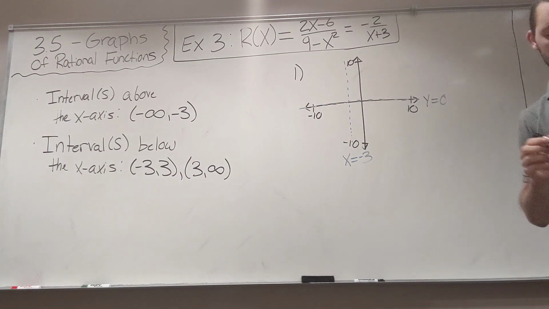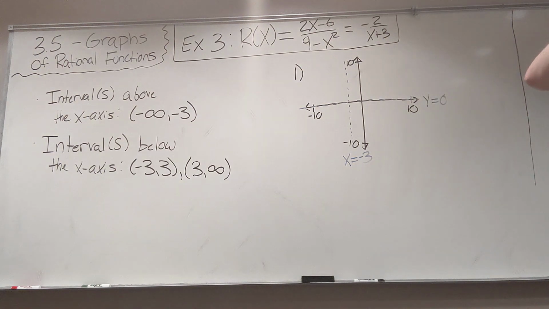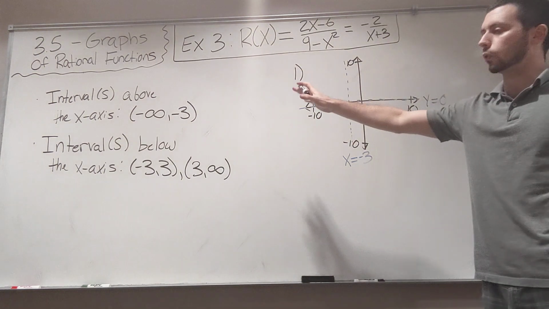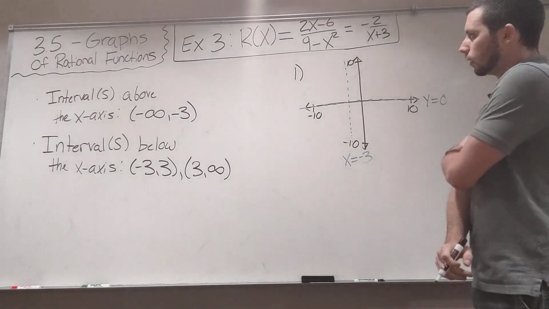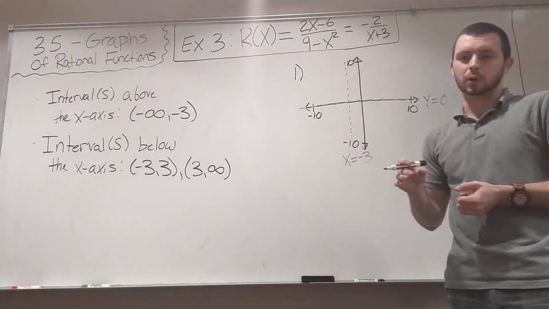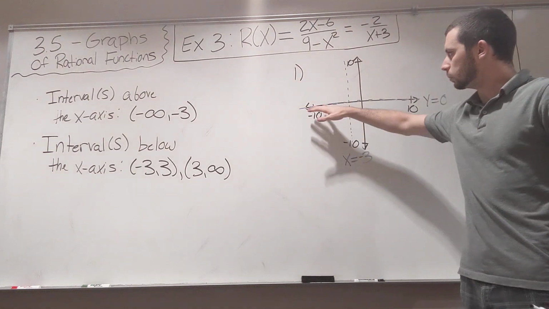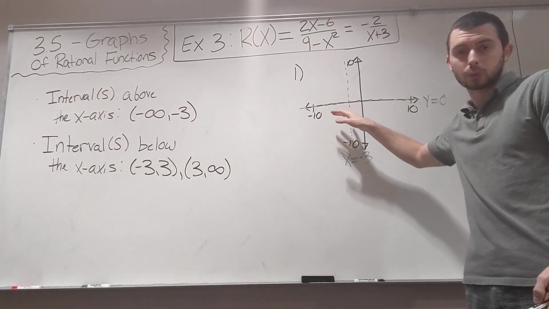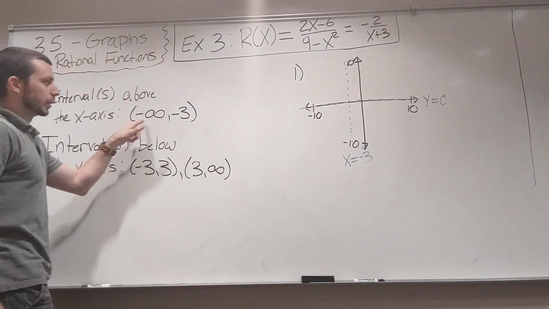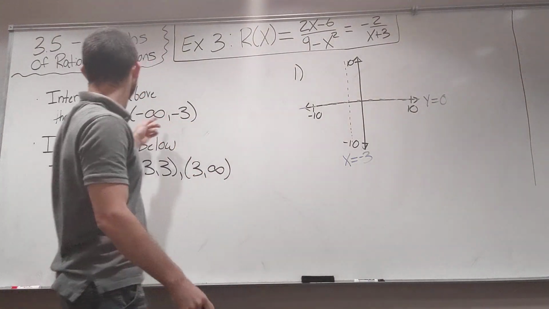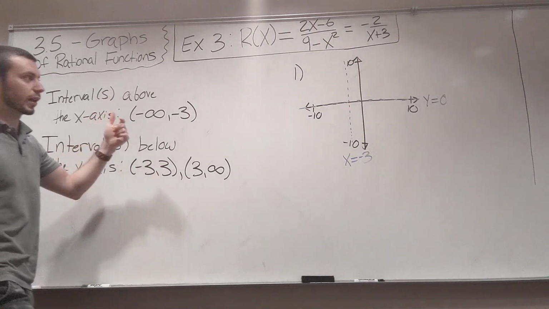And now we can go ahead and use the intervals above and below to construct the graph. Since we know that the graph will very much align with the asymptotes, from -infinity to -3, the interval will be above the x-axis.